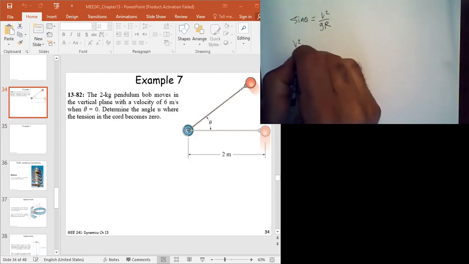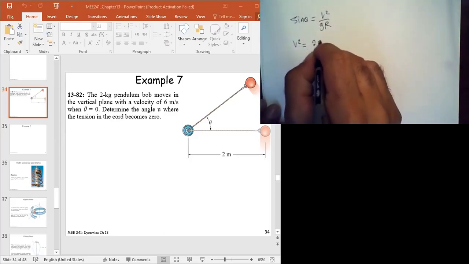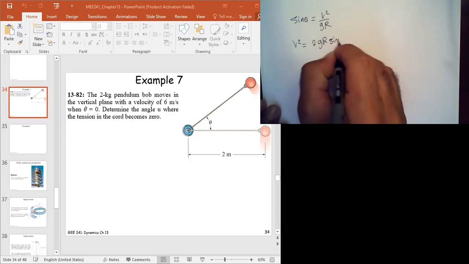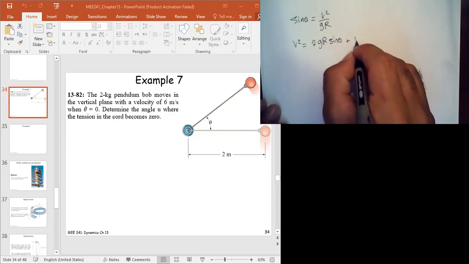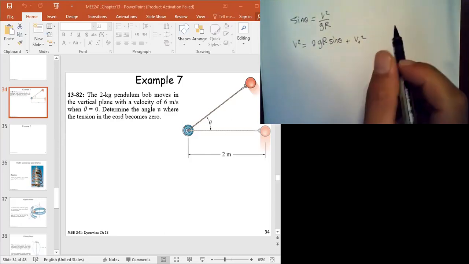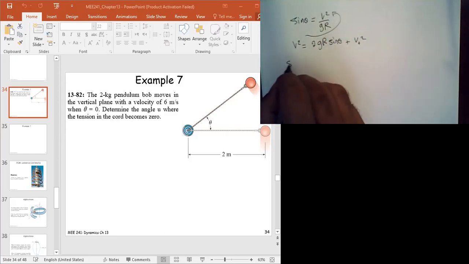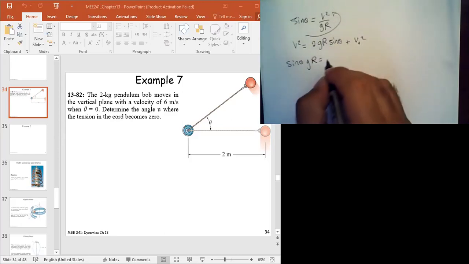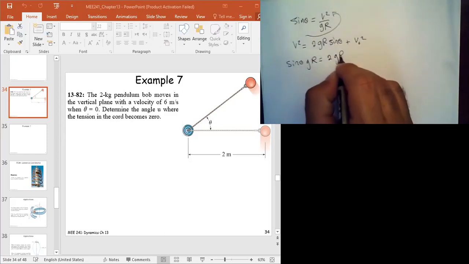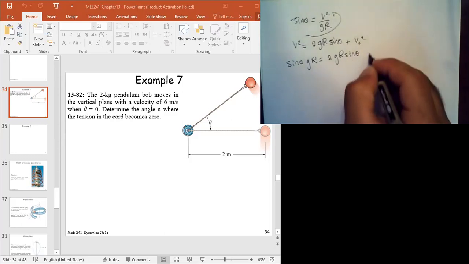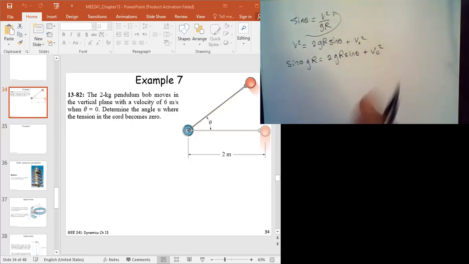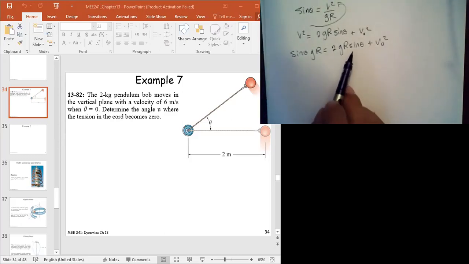But we also know v squared is equal to g r sine theta plus V0 squared. So I'm going to take this and multiply sine theta by g r to simplify it, which is equal to v squared, which here is 2 g r sine theta plus V0 squared. We need to find sine theta.